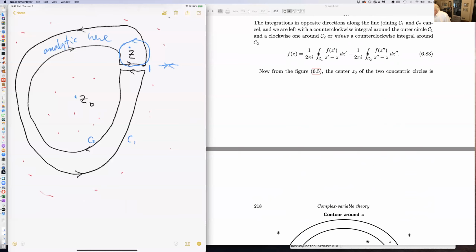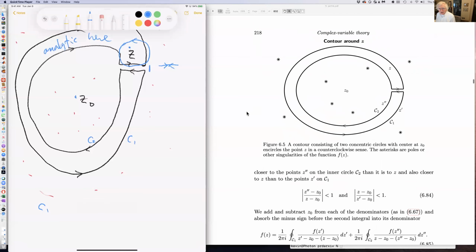So C1 is a circle, and C2, these are both circles. The circle C1 has a larger radius than the circle C2. So R2 is greater than R1.